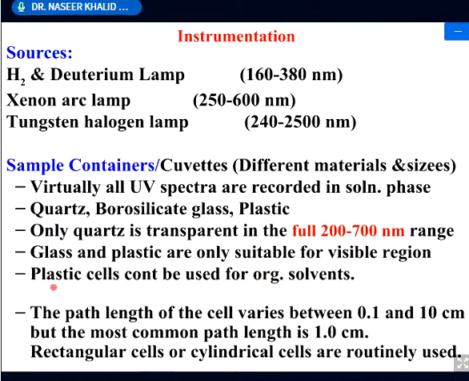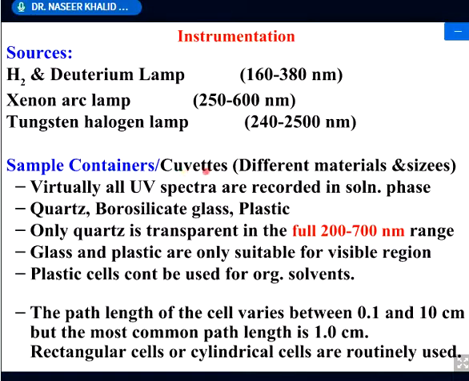We should not use a plastic cell; rather, we should opt for a glass cell when we want to study in the visible. But if we want to study in the UV region, we must use a quartz cell, not glass, not plastic, not simple glass, not borosilicate, because quartz has spectroscopic transparency in this 200 to 700 nanometer range.